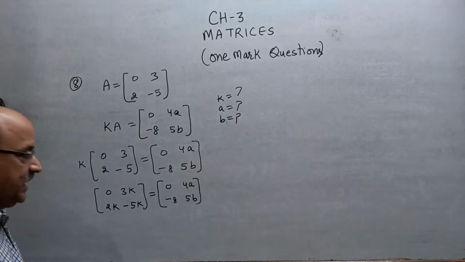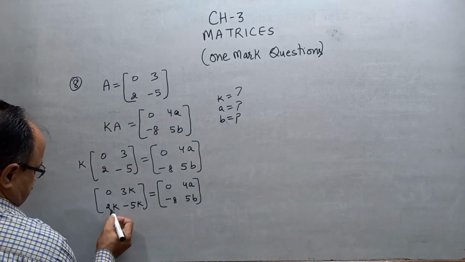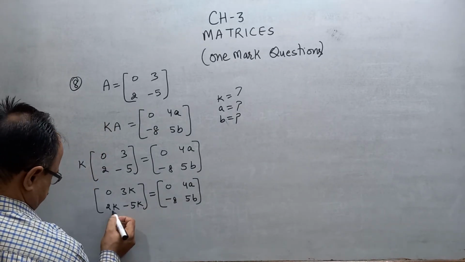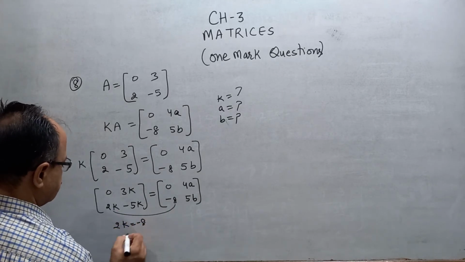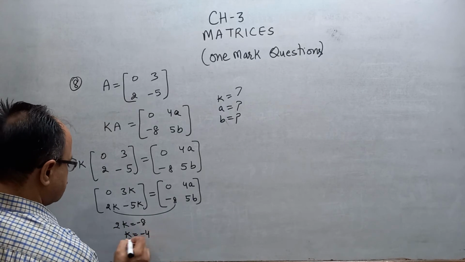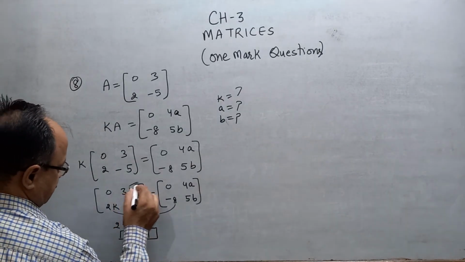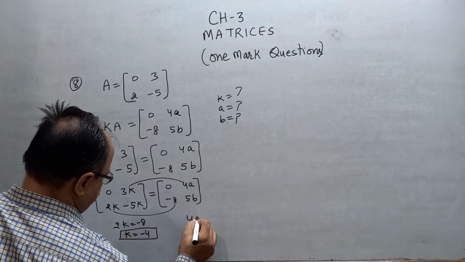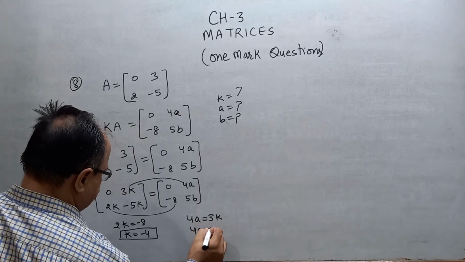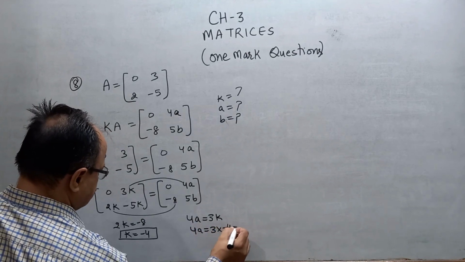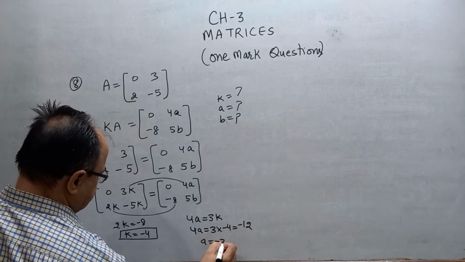Compare the corresponding elements. 2k is equal to minus 8, so k is equal to minus 4. Compare this with this, that is 4a is equal to 3k. Put the value of k, minus 4, minus 12, therefore a is equal to minus 3.